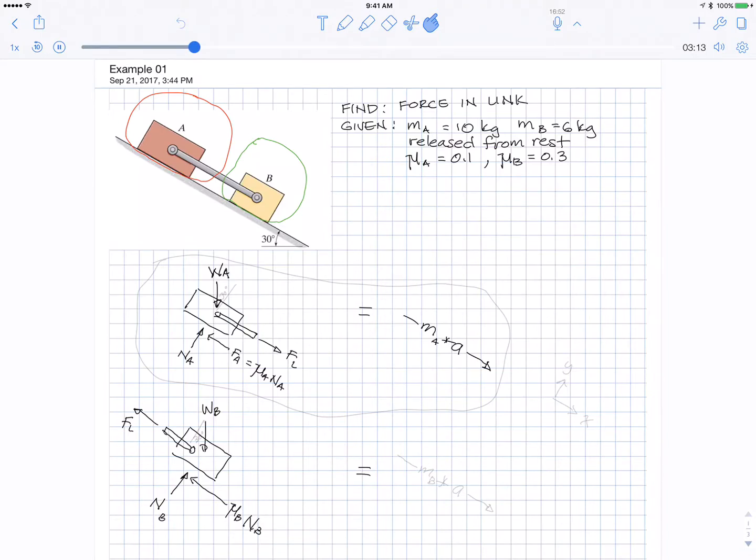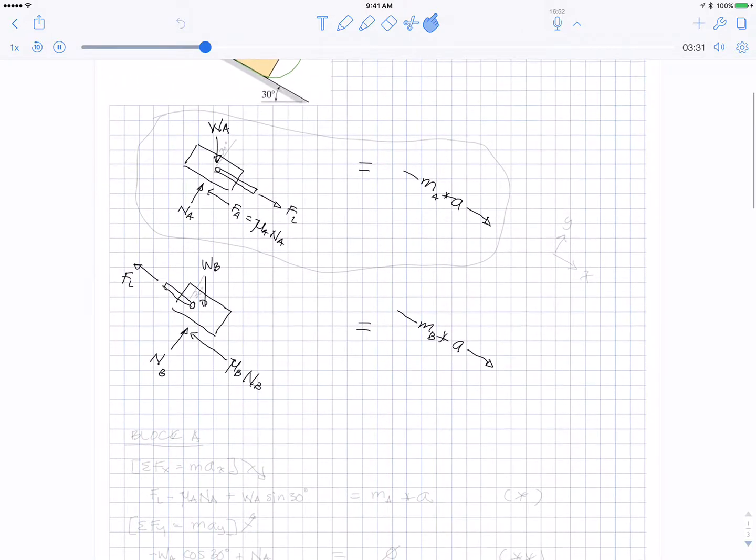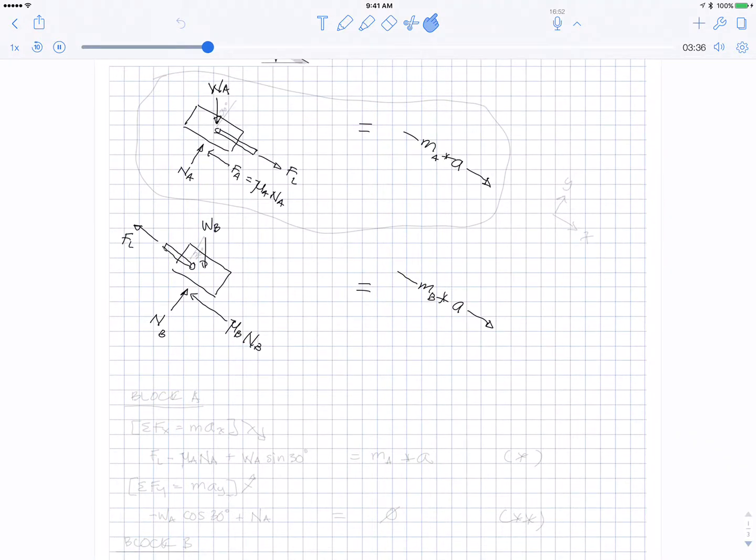And since the two blocks are connected by the link, it's MB times the same acceleration going down at 30 degrees. Okay, so between these two drawings, we should be able to solve for everything. Let's see if we can do that. And the ultimate goal is to get the force in the link.